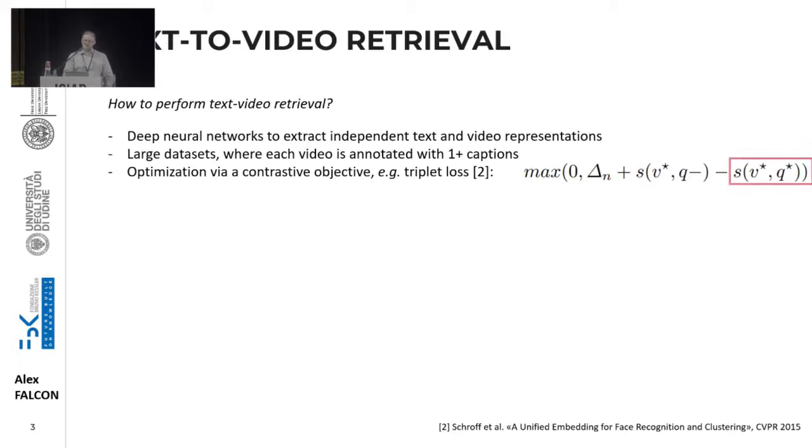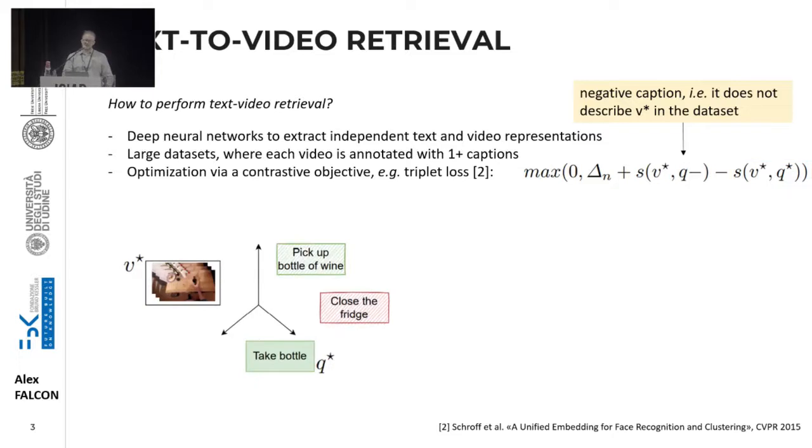This loss aims at learning a joint embedding space by increasing the similarity, measured with a function S, of a video V star with all of its captions Q star, while at the same time decreasing the similarity with a negative caption, Q minus, that is a caption which is not associated to V star in the dataset.